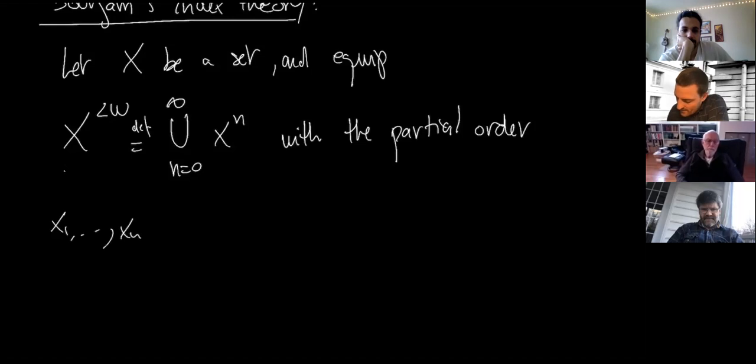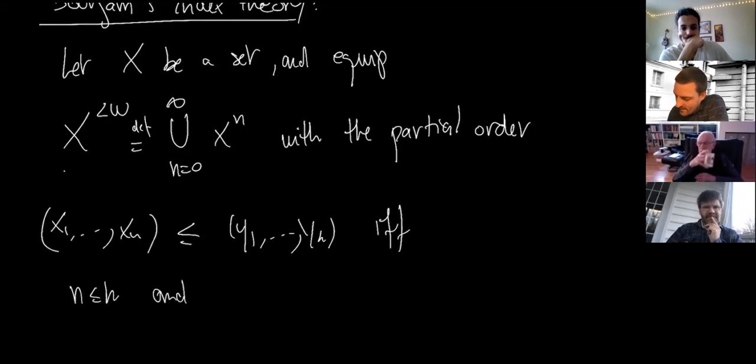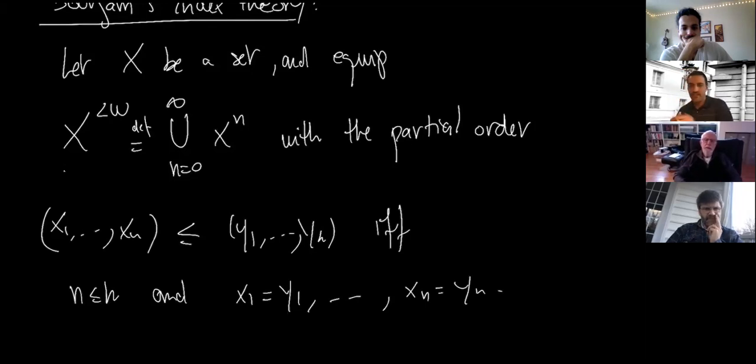If I look at x1, ..., xn and y1, ..., yk, I say that x1, ..., xn is less than y1, ..., yk if n is less than k, and x1 equals y1, ..., xn equals yn. So this is just extension of finite sequences.